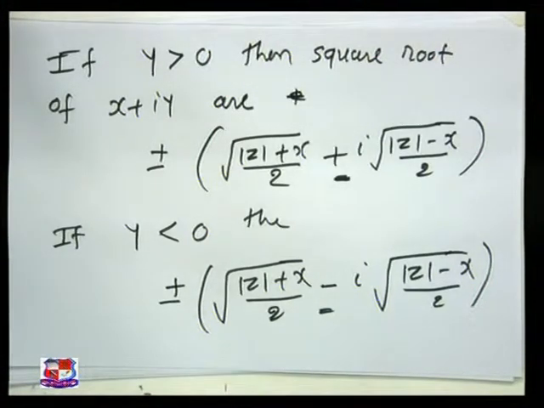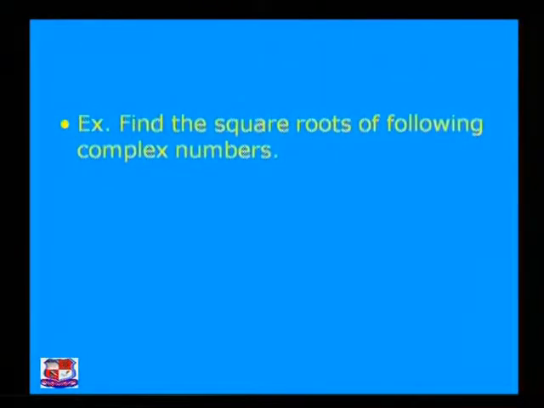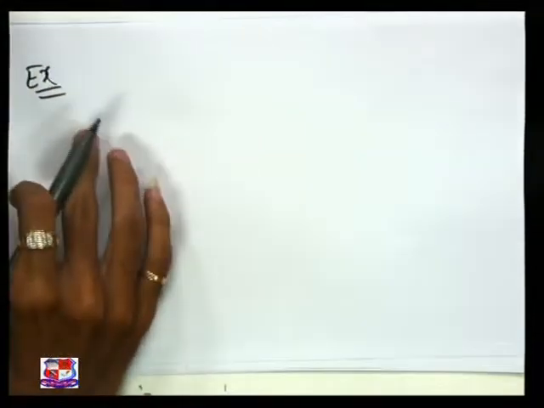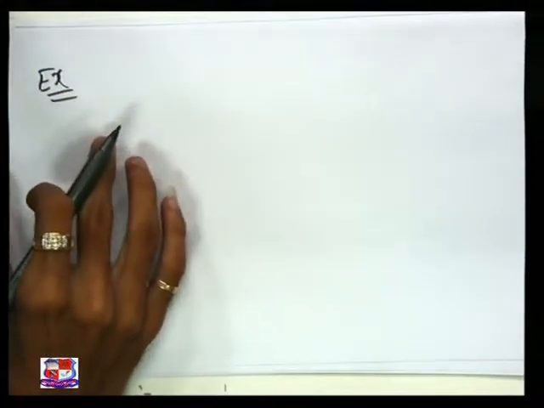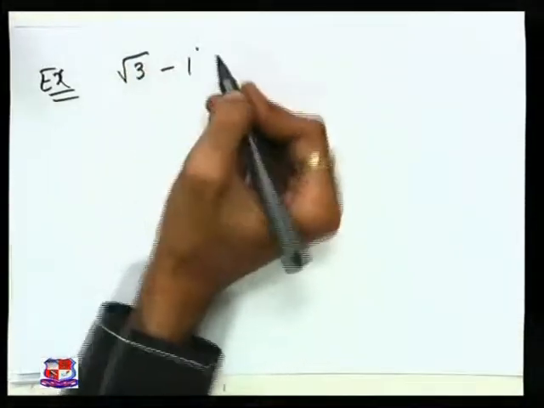So now let us try to find the square roots of the following complex numbers, in which the first one is root 3 minus i.